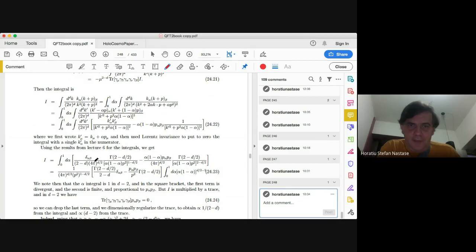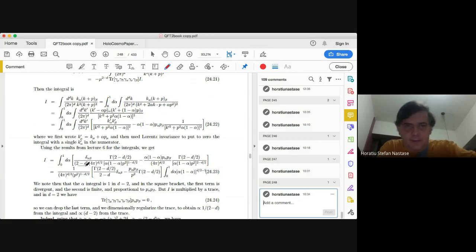The reason was we are in 2 dimensions. So here we have the integral d2k, k k k k, so there are 4 k's, and downstairs are also 4 k's. So this is a log divergence. In dimensional regularization, it amounts to 1 over 2 minus d.